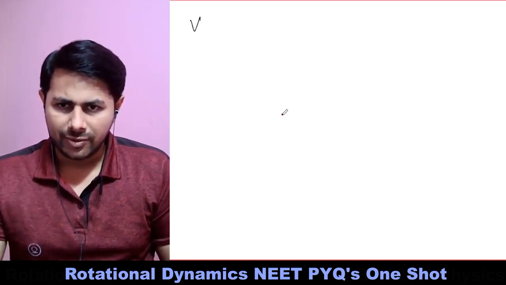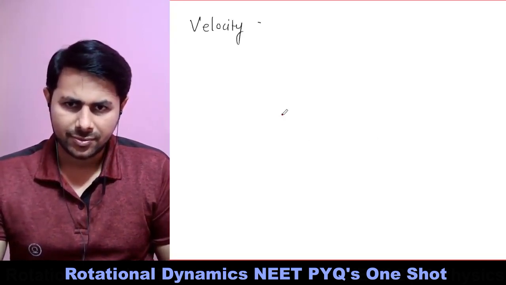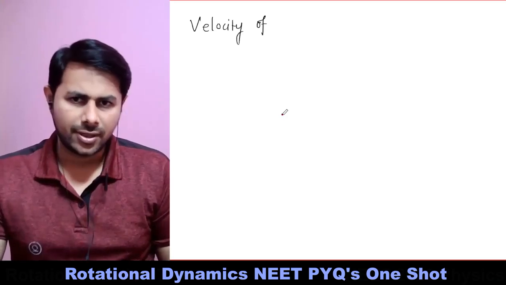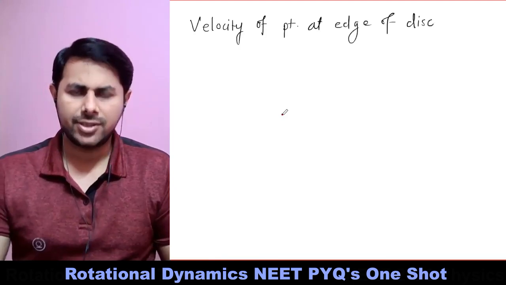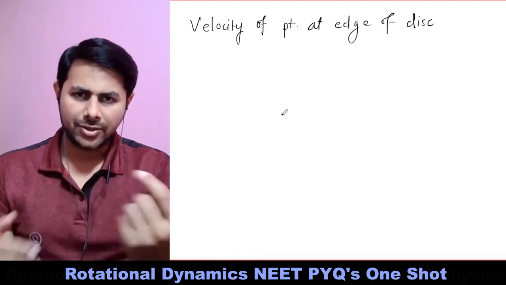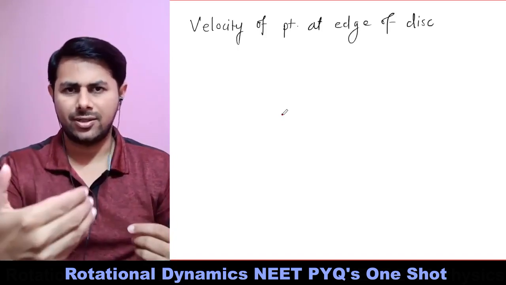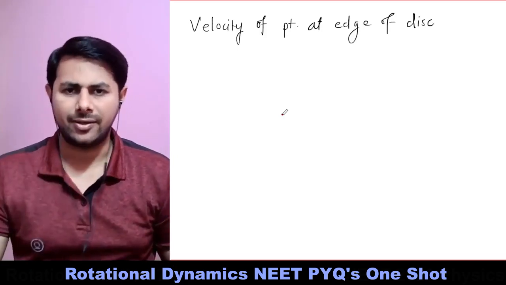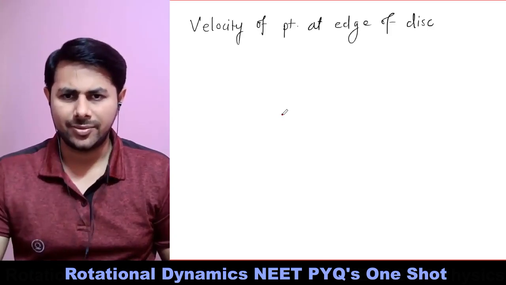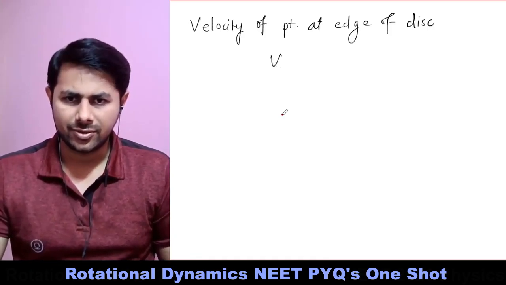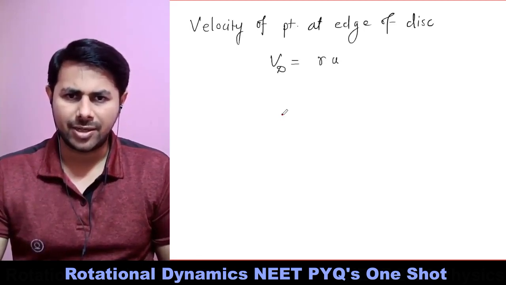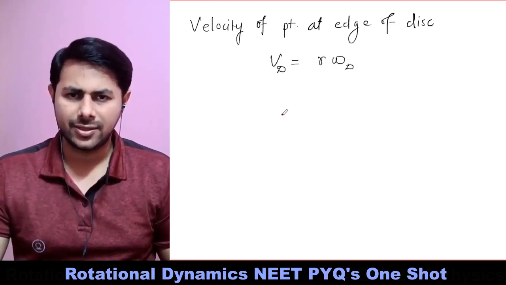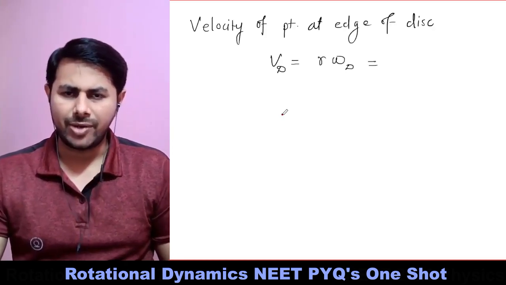Because this is what matters, right? Only the points on the circumference of the disk are coming towards man. So it is r times omega. So velocity of disk is r multiplied by omega of the disk, which we found out.